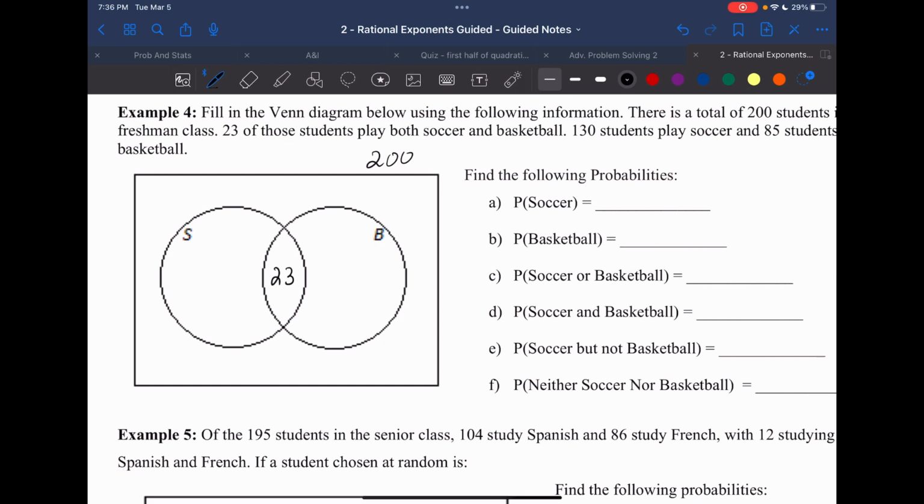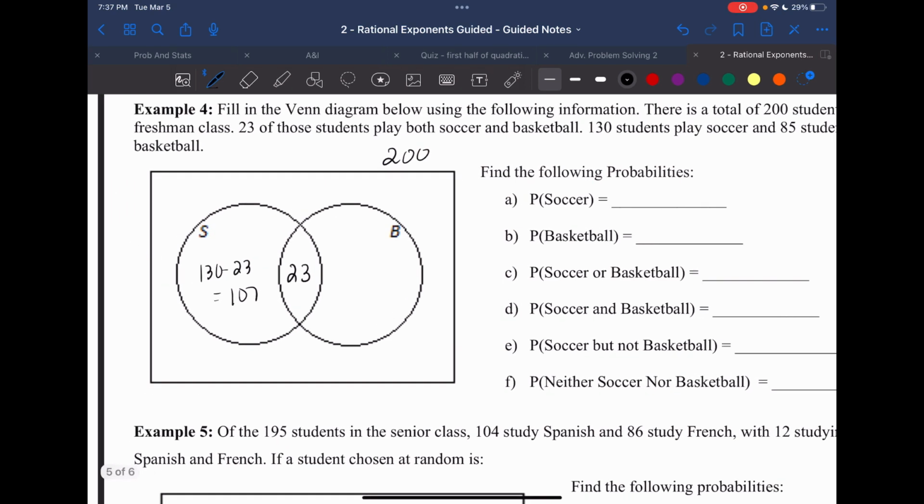That means the entire bubble of soccer is 130 students, but we already know that 23 of those play soccer and basketball. So what we need to do is take 130 minus 23 to get 107. So 107 students play soccer but don't also play basketball.